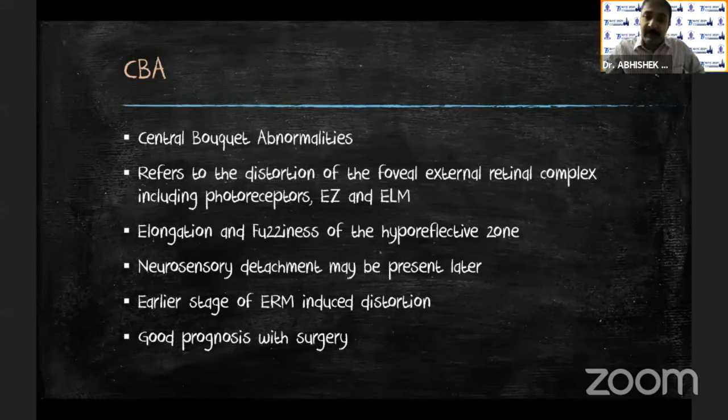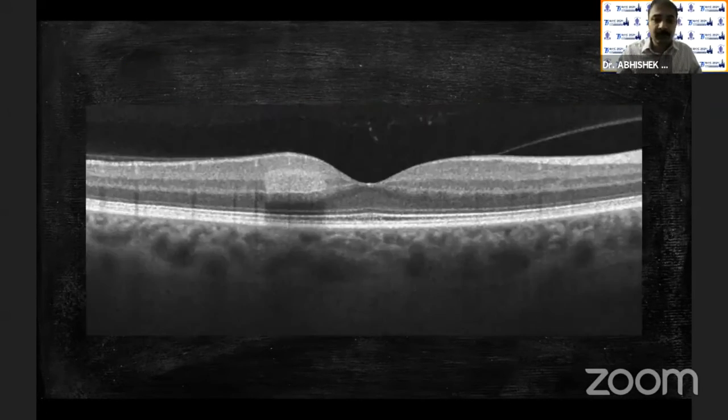Elongation and fuzziness is usually because of the mechanical stretch from the ERM, the traction because of the ERM, or sometimes in vitreomacular traction. Very occasionally, there is neurosensory detachment also, a very small limited one, and it usually presents in earlier stages of ERM. Usually it has a very good prognosis with surgery. You get very good visual recovery even if you have this preoperatively.